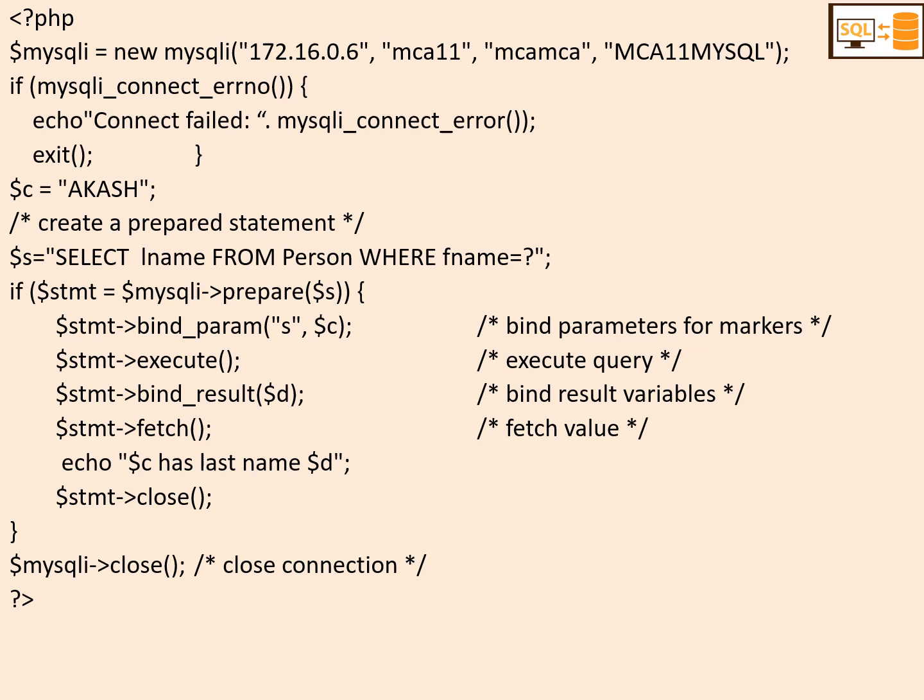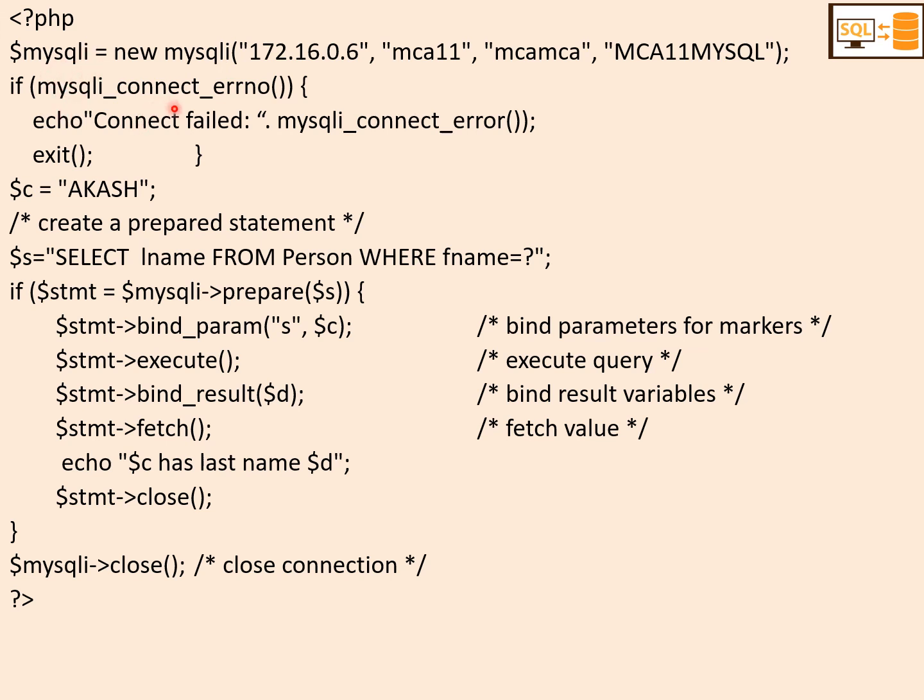Here we have an example which is related to prepared statements. So the first expression is used for establishing a connection with the MySQL function. The arguments are the server name, user ID, password, and the database. Here the database name is MCA11 MySQL. If this connection is established, the mysqli variable has a true value.